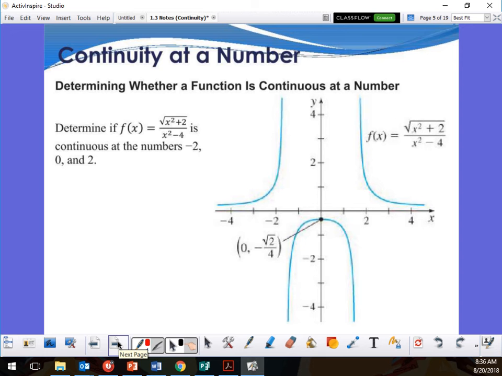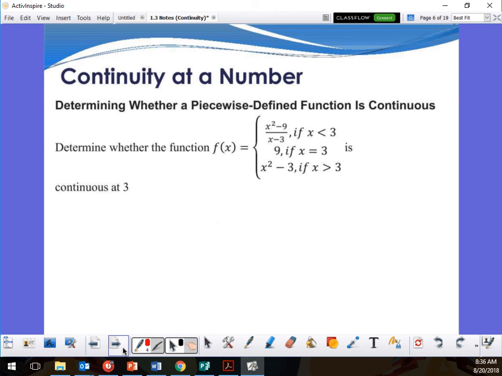Okay, here's that graph again. All right, so we're going to determine whether a piecewise function is continuous. Okay? So, for this to work, I have to do some math.